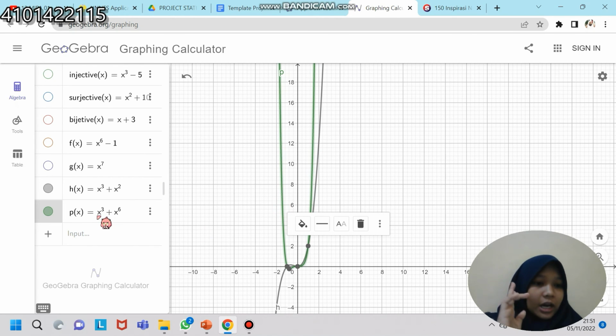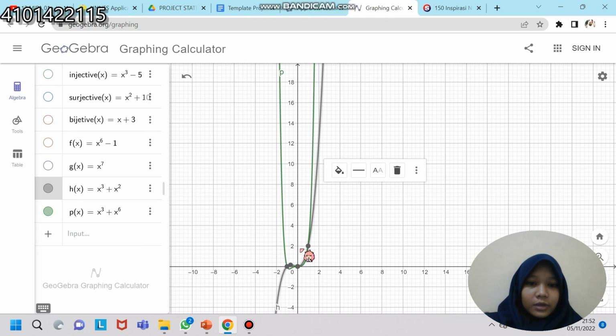So if there are two kinds of x with different powers, then we look at the biggest power, like this is 6, so it is injective. Yeah, injective. No, it is surjective, I'm sorry.